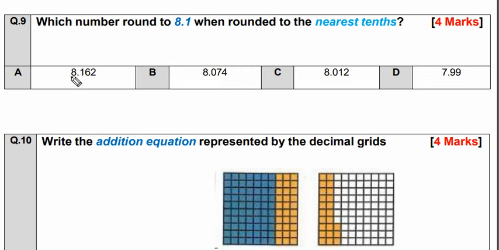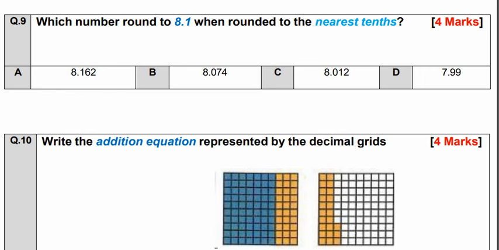So this is 8.162. Because this number is more than or equal to 5, you will do +1 here. We are talking about the tenth place, so this will be 8.2.